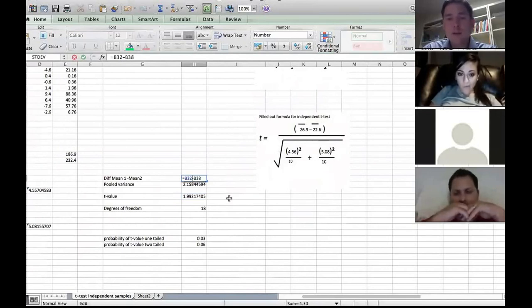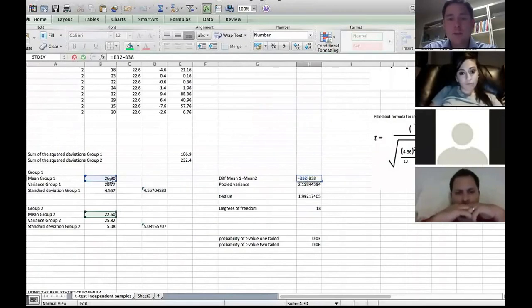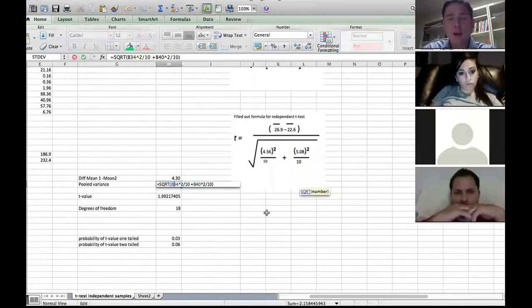So I created 2 parts here. This is the difference, right? That's 26.9 minus 2.6. That's the difference in means. At the bottom, we have this pooled variance. This is the formula that calculates the term underneath here, right? So it's the square root of standard deviation 1 squared divided by n, plus standard deviation 2 squared divided by 10.